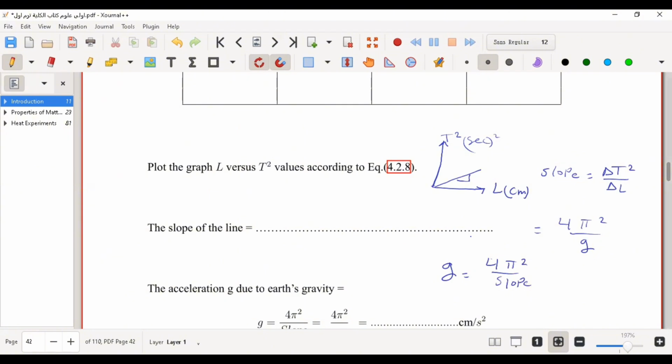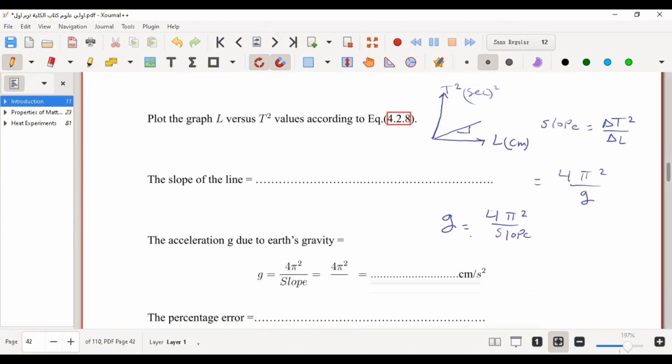Finally, we will get the value of g, which will be in centimeters per second squared, and the ideal value will be 980 centimeters per second squared. But maybe you will not get this value, 980.